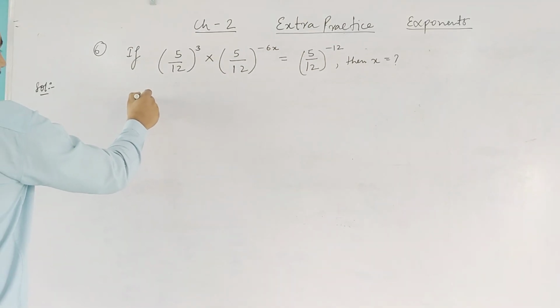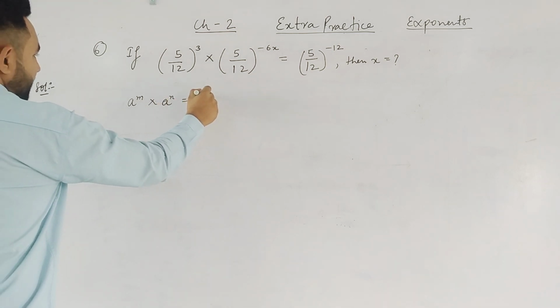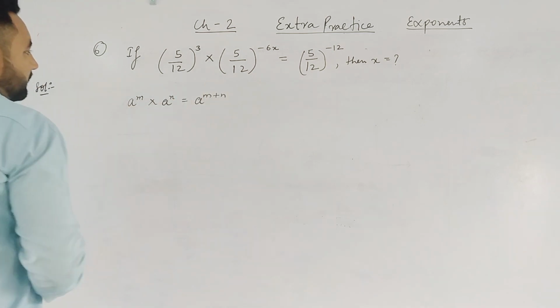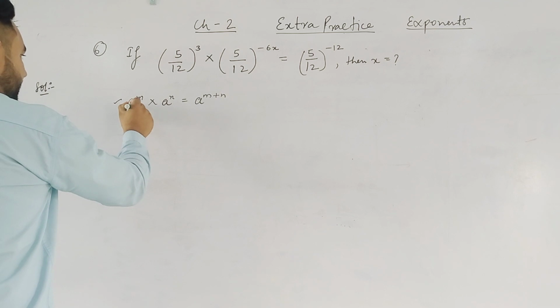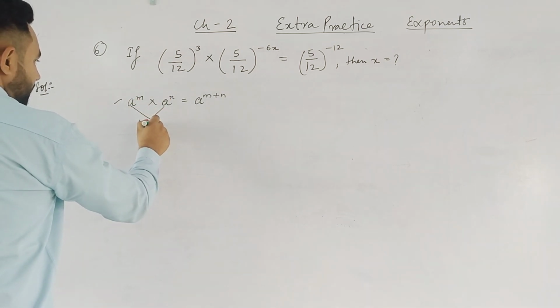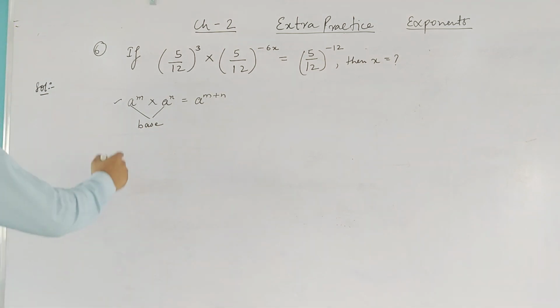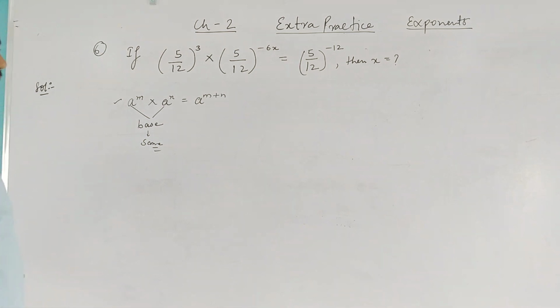See, a to the power m multiplied by a to the power n is equal to a to the power m plus n. This is the law of exponent, right? So what does this a represent here? A is the base, which is the same, right?